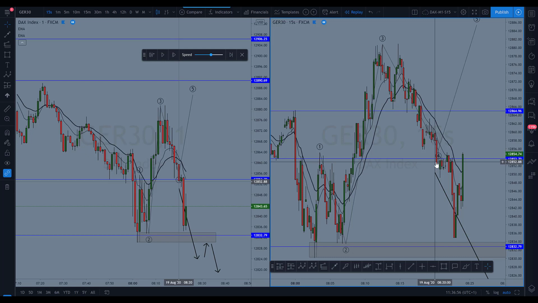If you follow this rule, your equity curve is going to be smooth. It's going to keep going up.